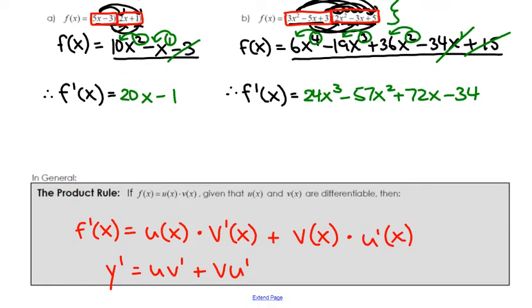So the product rule: when you have two functions that are multiplying each other, you can always take the original of one of them, multiply by the derivative of the other, plus the original of that second one multiplied by the derivative of the first. And so each one gets its own turn to be a regular function multiplied by the derivative of the other. And you're adding, so it really doesn't matter which order you put things in.